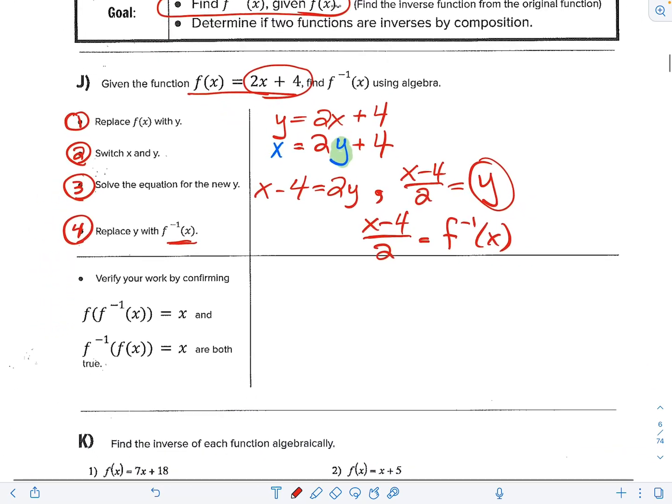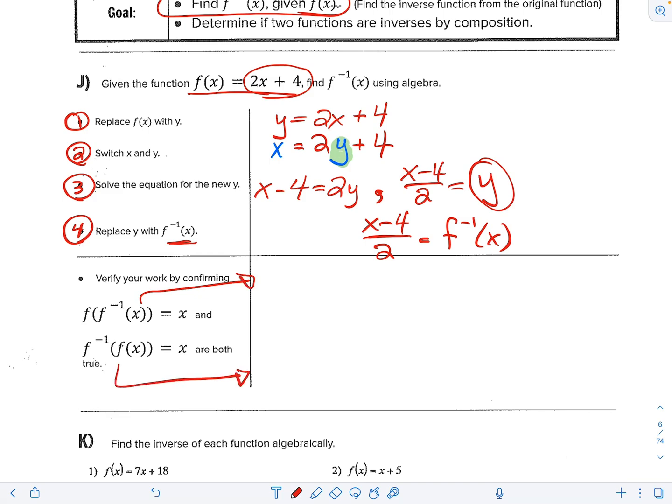Now, I will let you work on confirming that by putting in a composition of functions both ways to algebraically confirm that one is the inverse of another. I'll set you up.